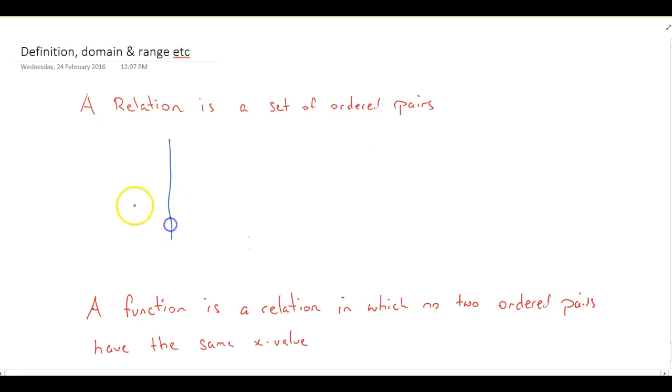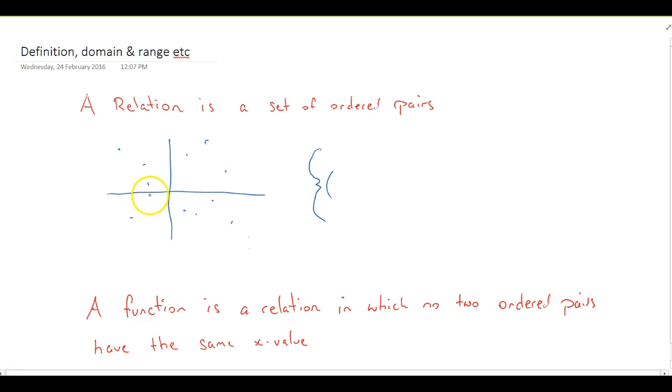So graphically, a relation is just a bunch of points on a number plane. So if we put that into a set, in other words, just transferred each of these points and converted them into coordinates or ordered pairs, and wrote them down separated by commas, then we'd have the set of ordered pairs, we'd have a relation.